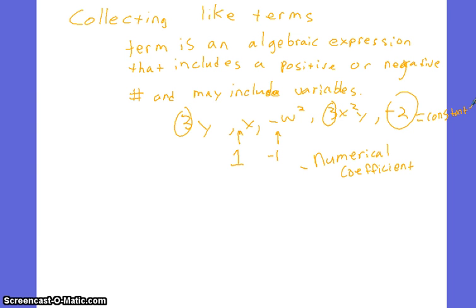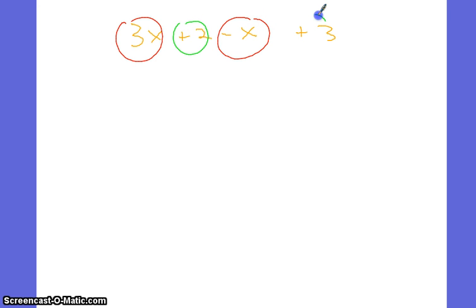So what that means for us is we can simplify problems by collecting like terms. So we could do 3x plus 2 minus x plus 3 by adding the things that are the same. The things that are the same in this problem are 3x and -x and +2 and +3. It's not the numerical coefficients we're looking at, we're looking at the variables, and the constants are just constants. So 3x minus x is 2x, because remember that my numerical coefficient there is 1.